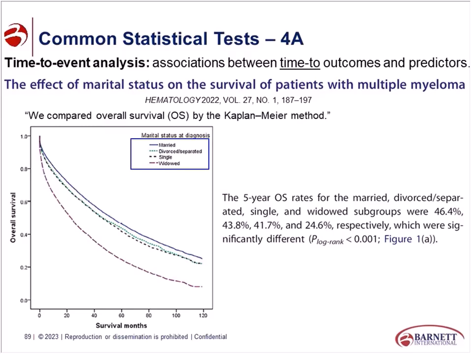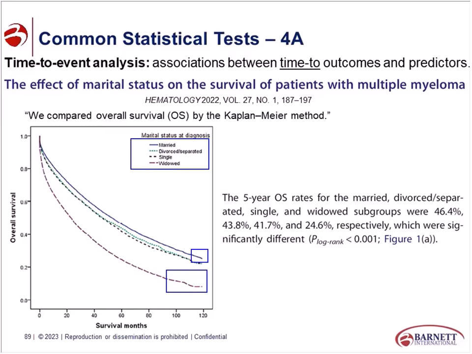We look at these different curves. This line here, the bottom one, are the widowed, so they have the worst prognosis. Patients who are widowed have the worst prognosis if diagnosed with multiple myeloma, whereas individuals who are married have the best prognosis.